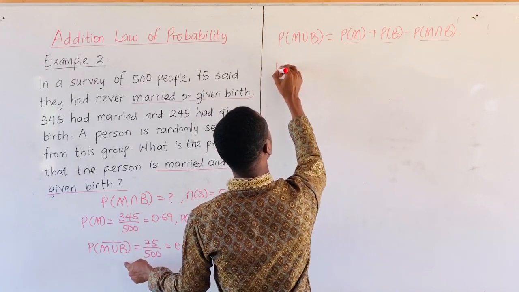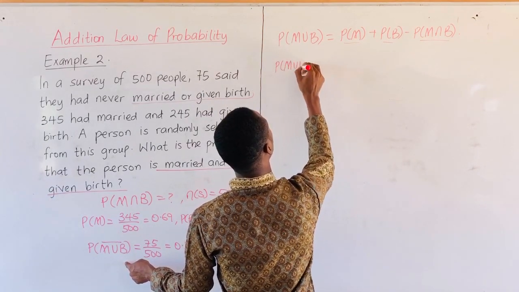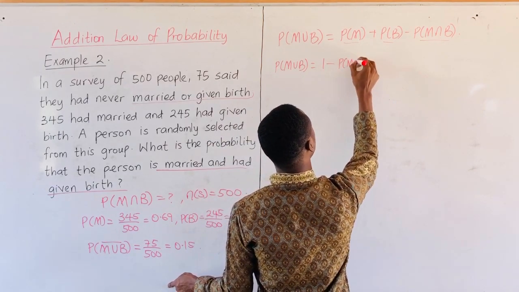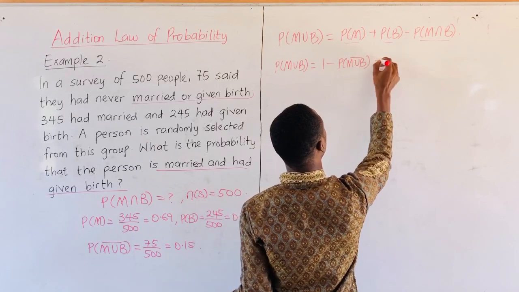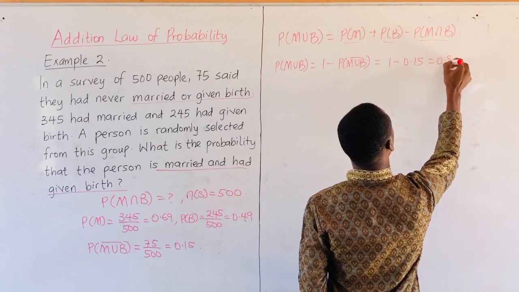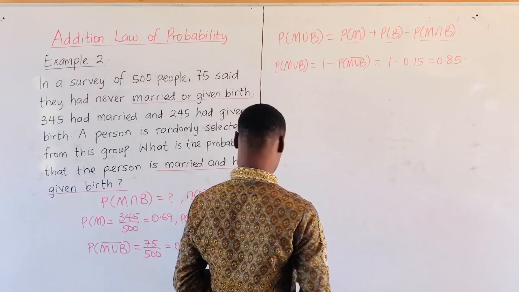We can also say that probability of M union B is equal to 1 minus the complement, and that will give us 1 minus 0.15, 0.85.